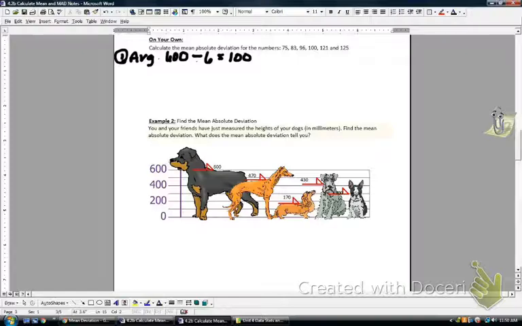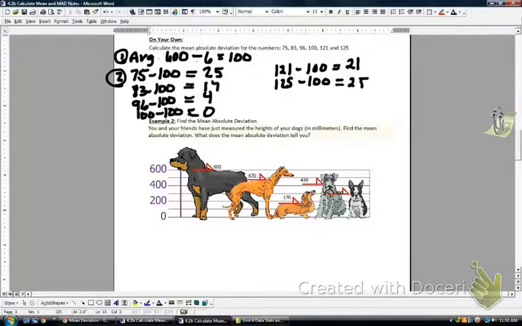All right, so when I added those numbers up together, I got 600. I divided by 6 because that's how many is in my data set, and I got 100. So then step 2 is to take each value minus your mean. So I did that. And then the third step is we're going to look at these numbers.